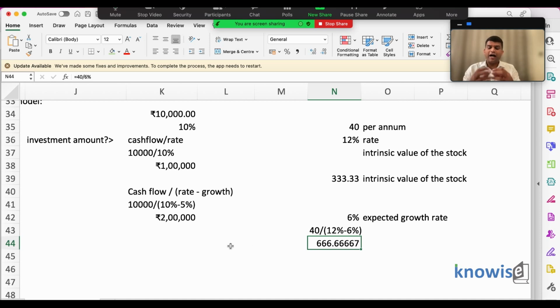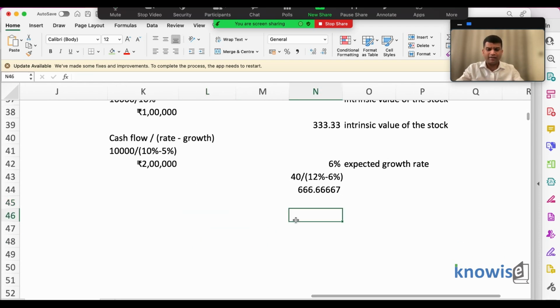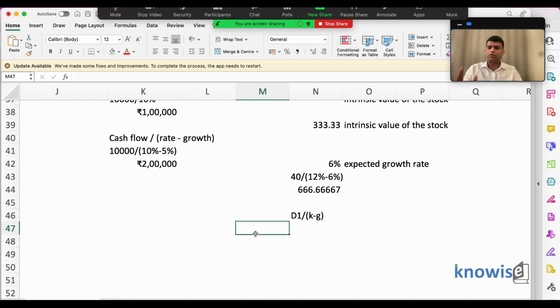Now, I don't suggest you mug up the formula. How do we arrive at this logically? It is nothing but D1, the dividend for year 1, divided by, instead of rate of return for equity, the general term we use, cost of equity, denoted by K, minus G. This is the formula for the dividend discount model.